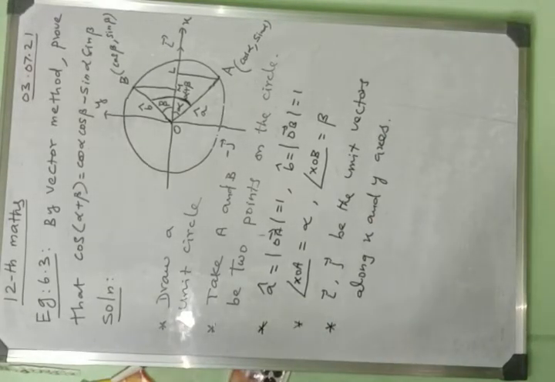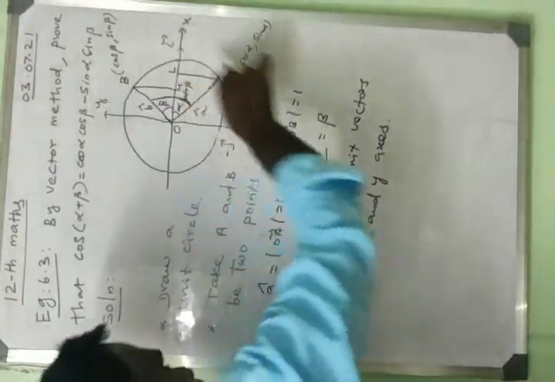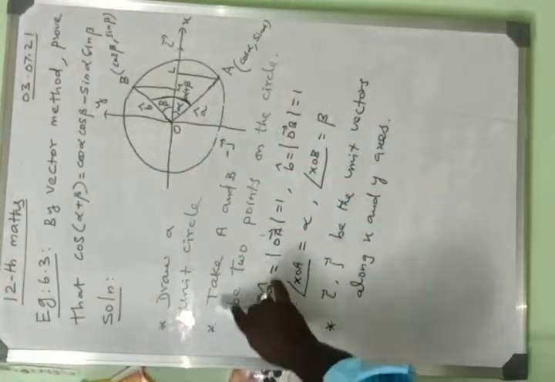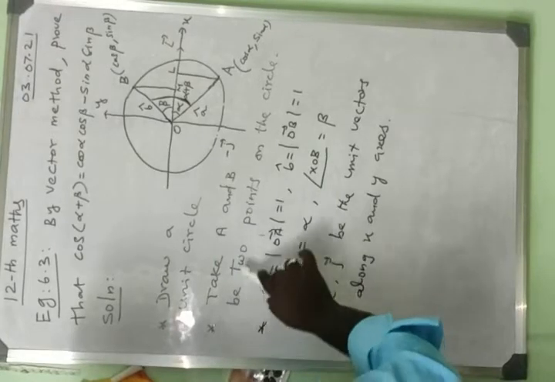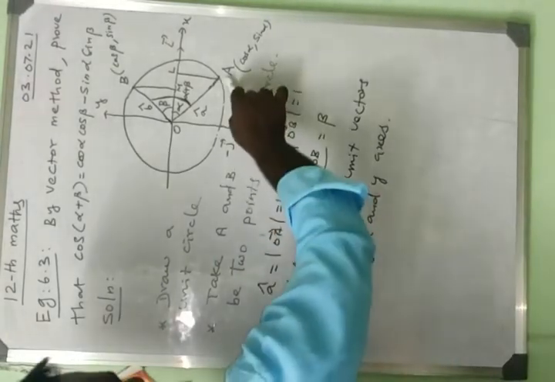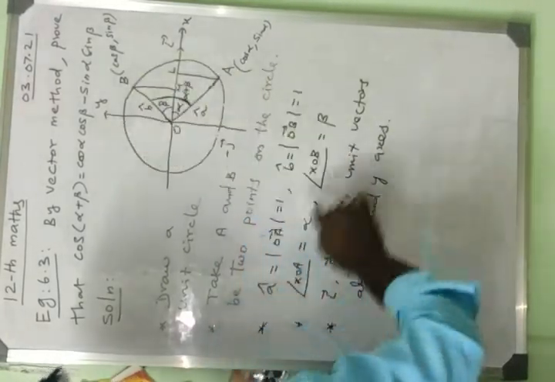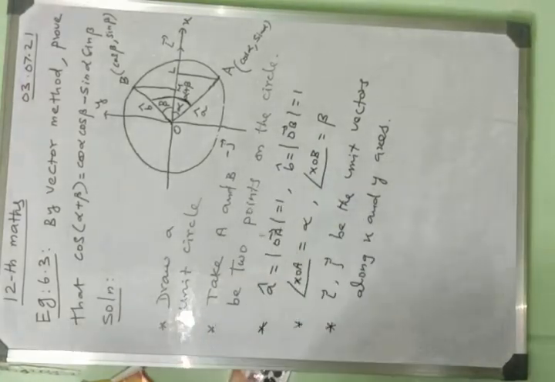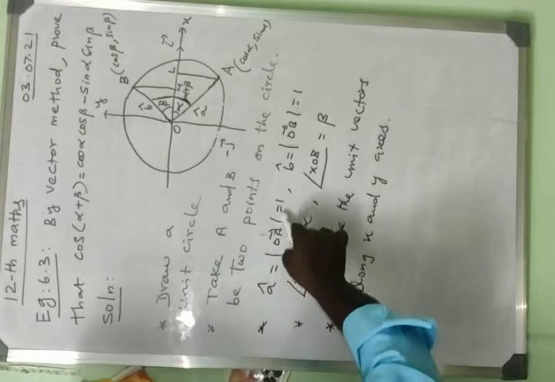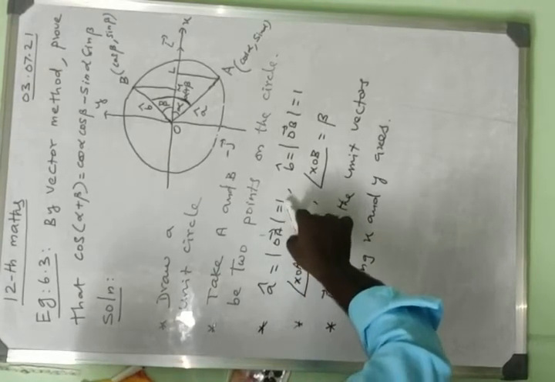So next, very important steps. First, this is the given matter. First we draw one unit circle. Next take A and B, two points on the circle. Here we take A, here we put B. Next, cap A equal to mod of vector OA, its value is 1.